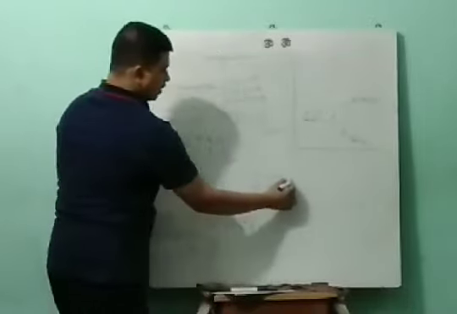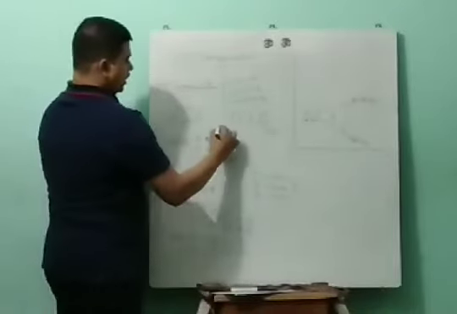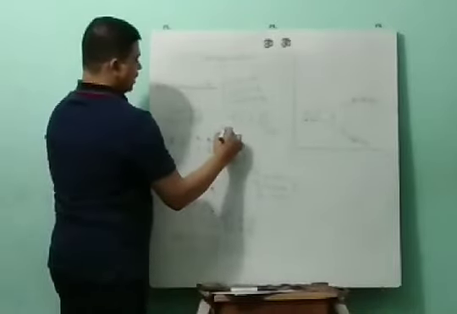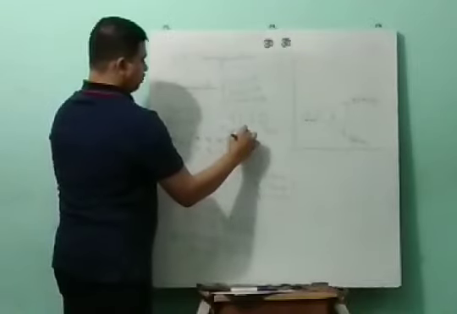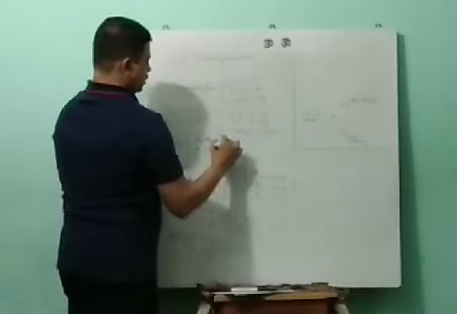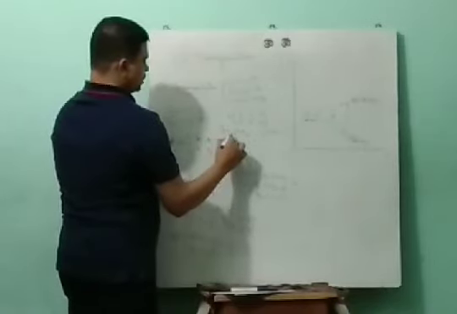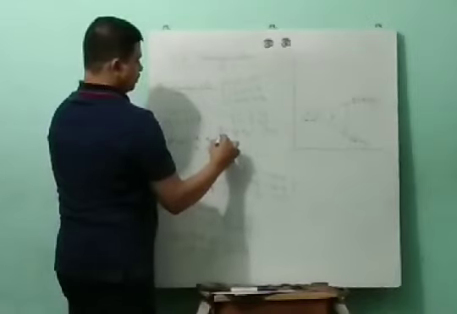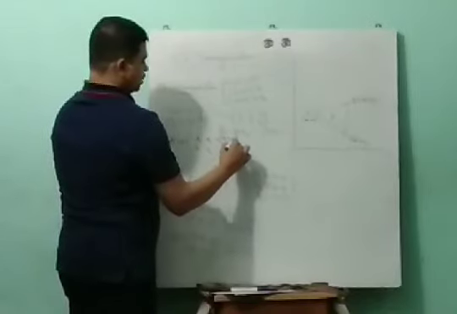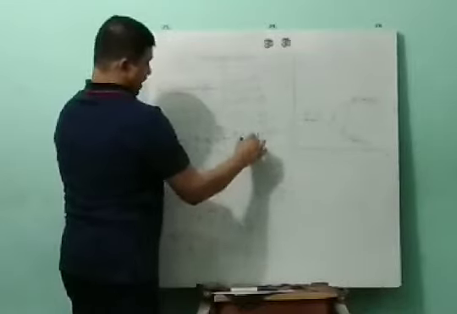So this is in ordered pair, this is in matrix form, and if you add, that is Px dash is equal to Px plus Tx. This is for x direction. Similarly, Py dash is equal to Py plus Ty. So this is in equation form.